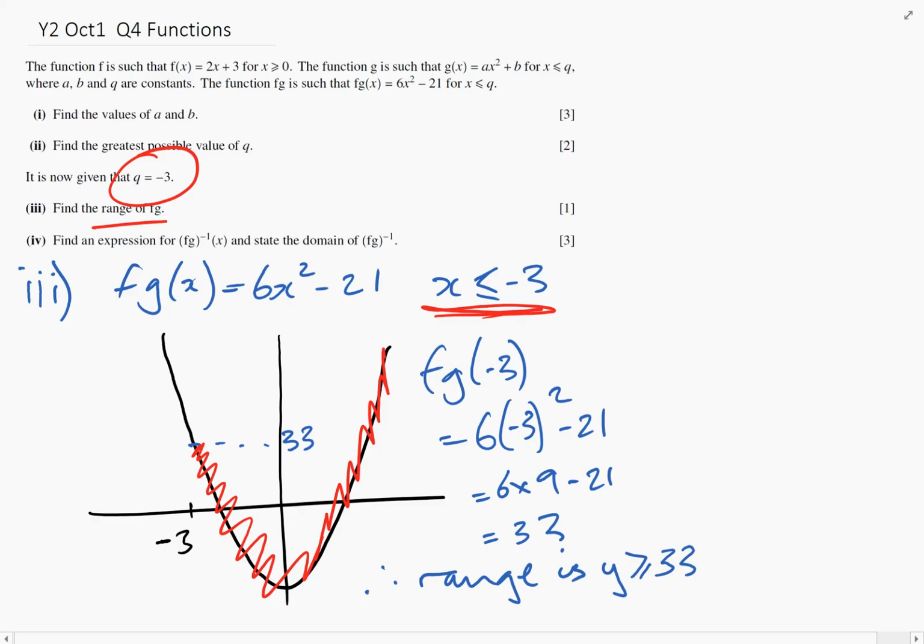Last part of the question, we've now got to find an expression for the inverse function. So part 4. Let y equal the original function, which is 6x squared minus 21.